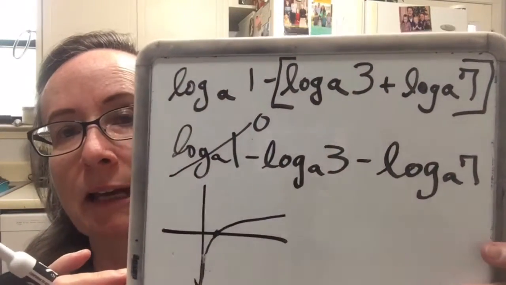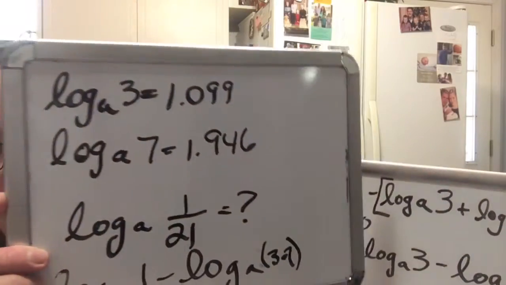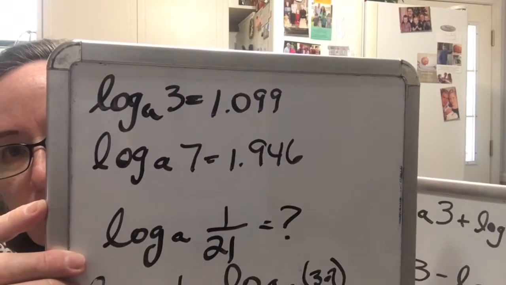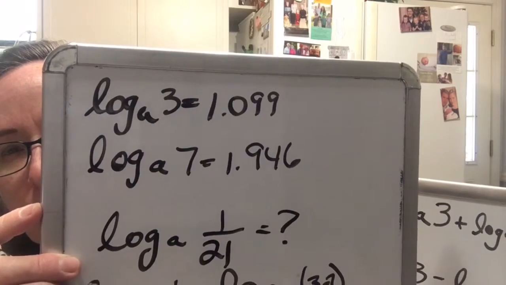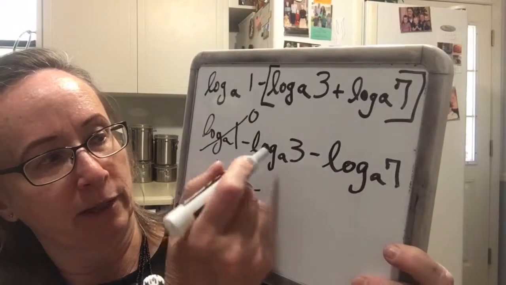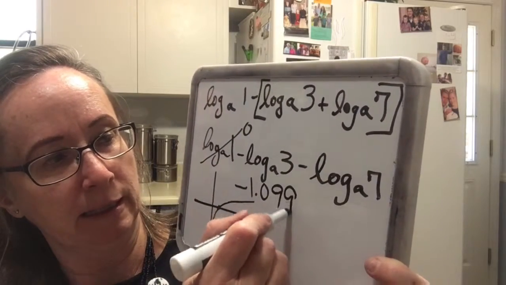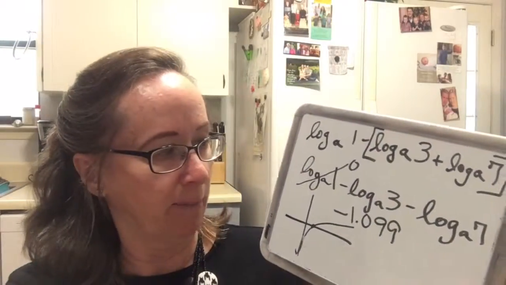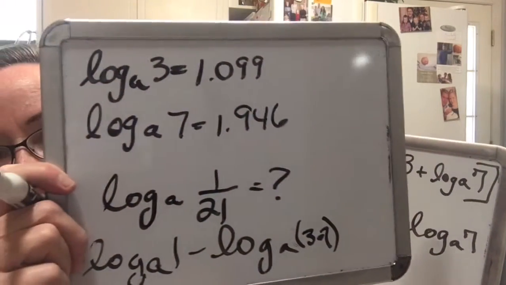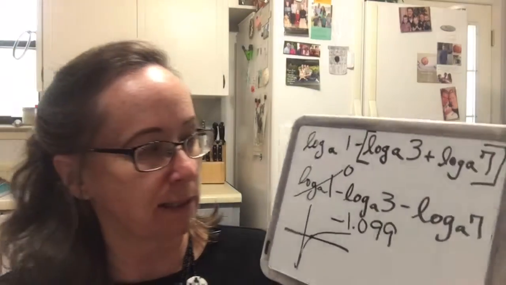Okay? So then I'm going to put a negative in front of what they gave me. So they gave me log base a of 3 is 1.099. So I'm going to put here, right underneath, a negative 1.099. And then they give me log base a of 7, which is 1.946.